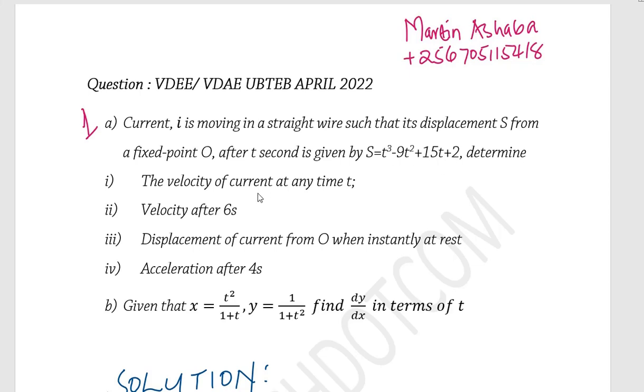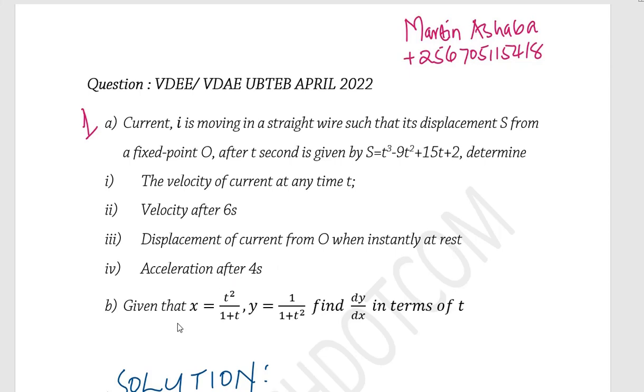We are required to determine the velocity of the current at any time t, velocity after 6 seconds, displacement of the current from O when instantly at rest. Then also we are looking at acceleration after 4 seconds.